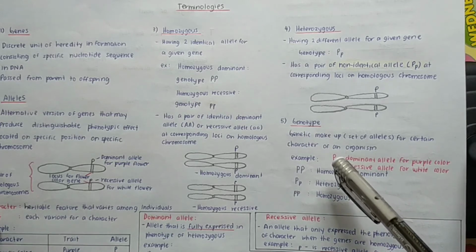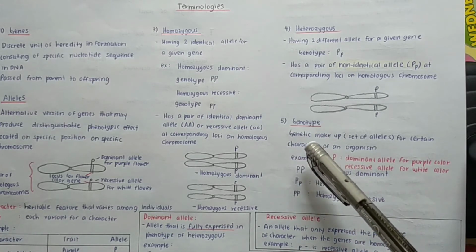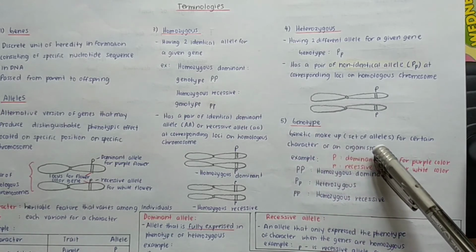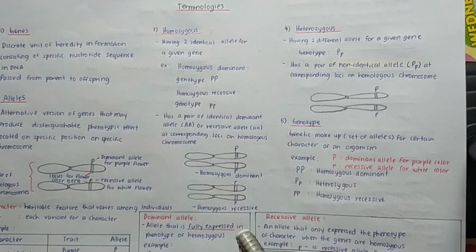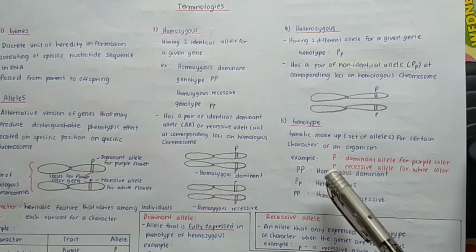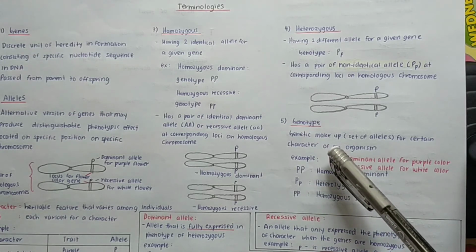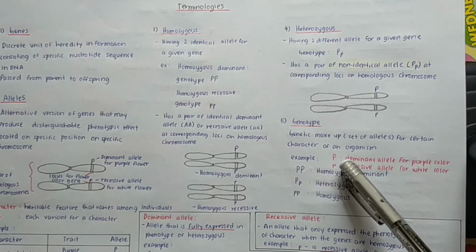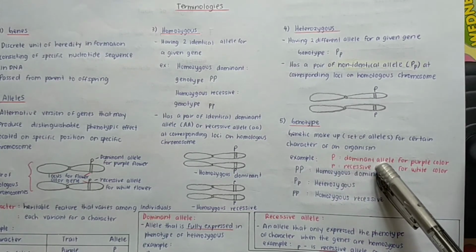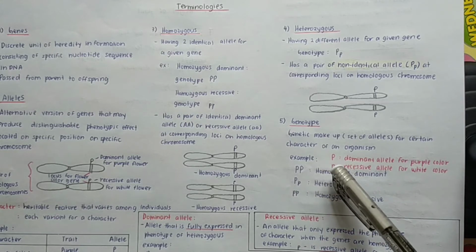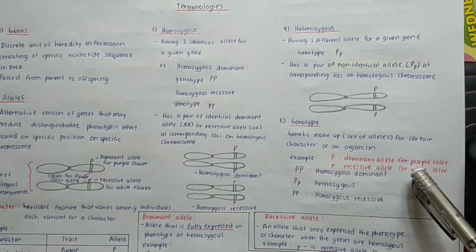Okay, and then next, what is genotype? So genotype refers to the genetic makeup or set of alleles for a certain character of an organism. So senangnya genotype ni dia refer kepada pair of allele. So let's say macam yang kita dah discuss tadi, capital P will represent the dominant allele for purple color, and small p represents the recessive allele for white color.